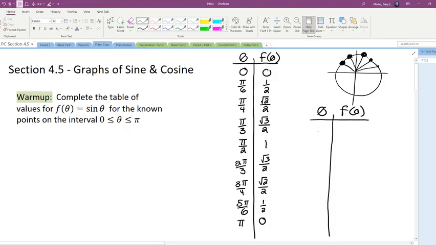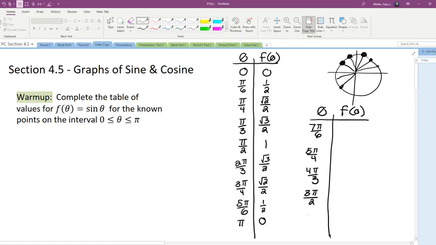Leaving off at pi, we're going to be at 7 pi over 6. And then we're going to be at the 45 degree, which is going to be, what, 5 pi over 4? And then we'll do, was it 4 pi over 3? And we'll do 3 pi over 2.